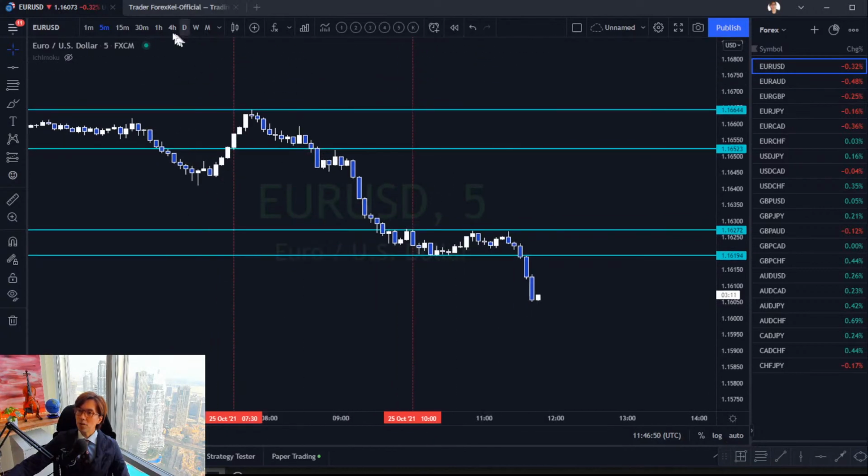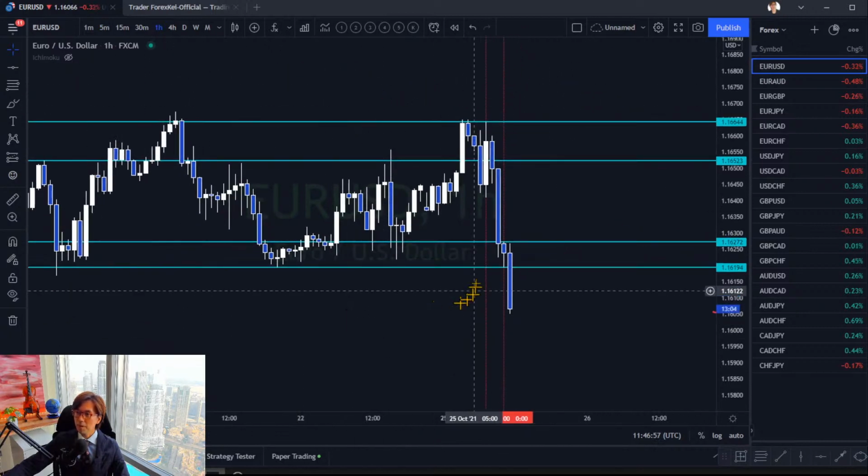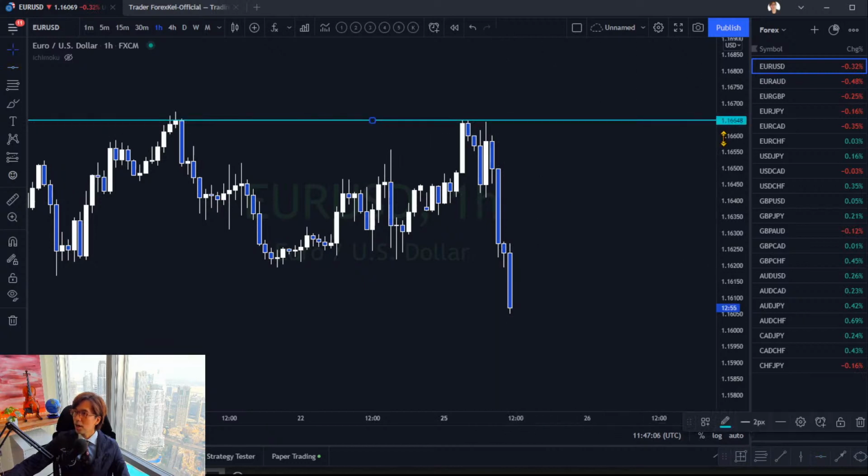So, for example, this is also about price action, and I think it's an important topic. If you see the top here in the 1 hour chart, at the 1.1664 level, there were two tops here. The second top was on the wick high. Let me put a vertical line exactly on this candlestick.